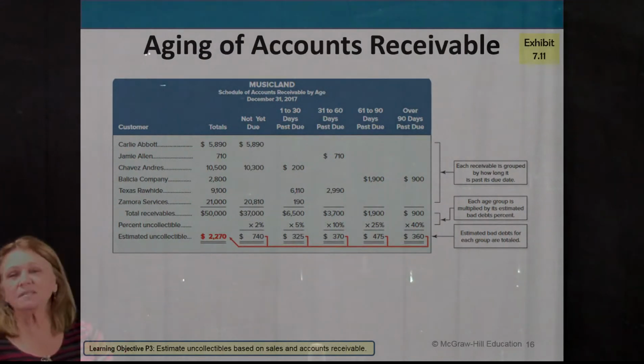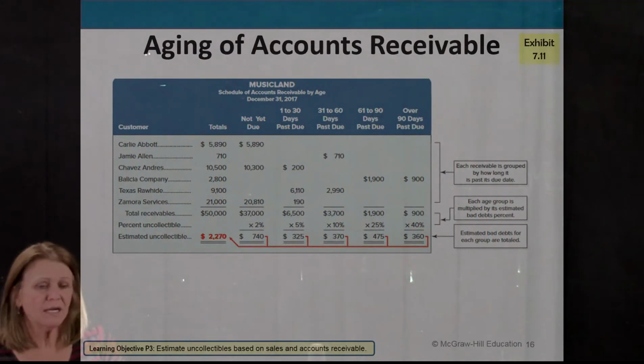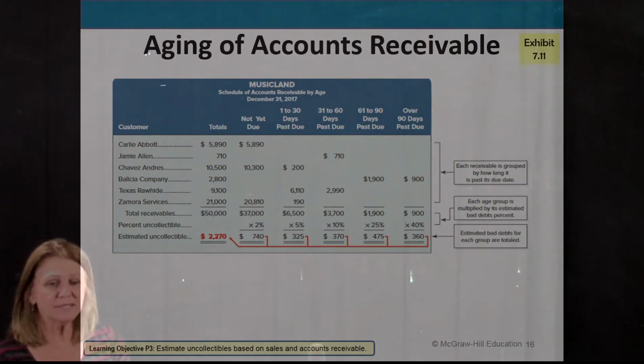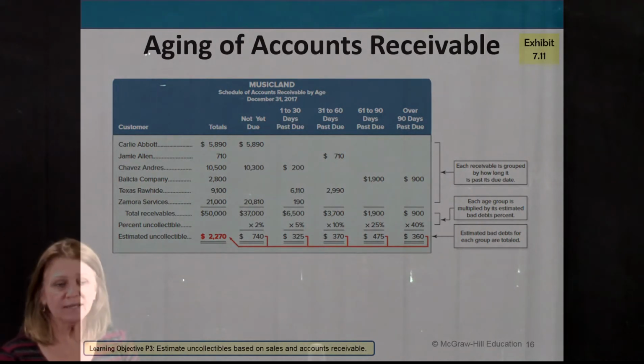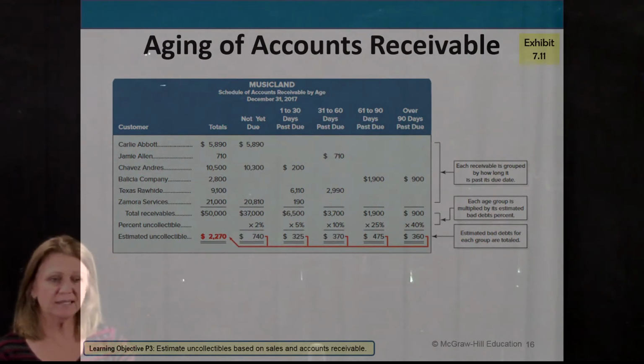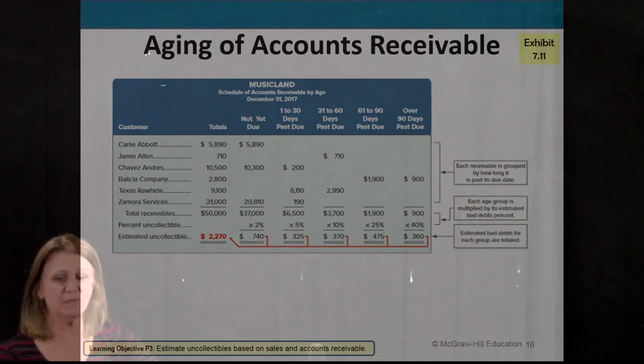Although this seems a little confusing at first, I'm going to explain it in depth so you understand it. It's December 31st, and we look at all of our accounts receivable and we age them. Some are not yet due. Some are just 1 to 30 days past due. Some are 31 to 60 days past due. Some are 61 to 90 days past due, and some are over 90 days past due.